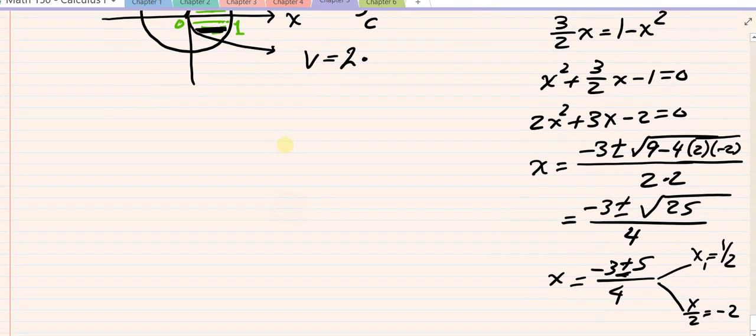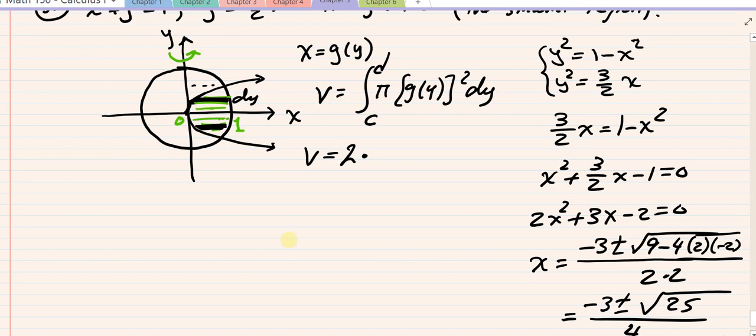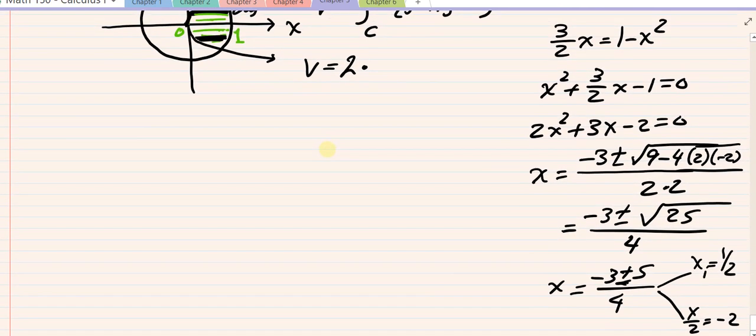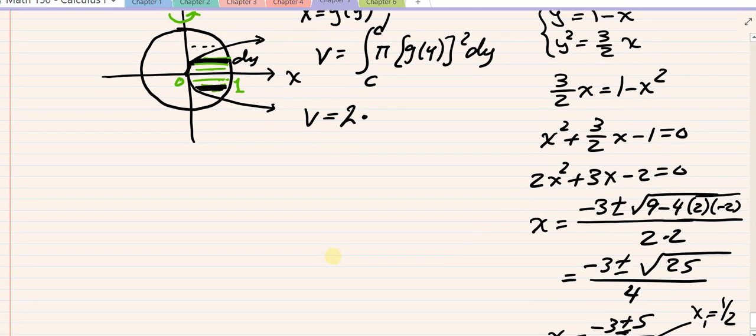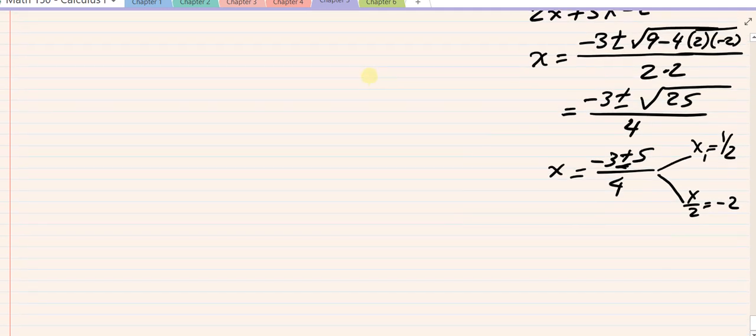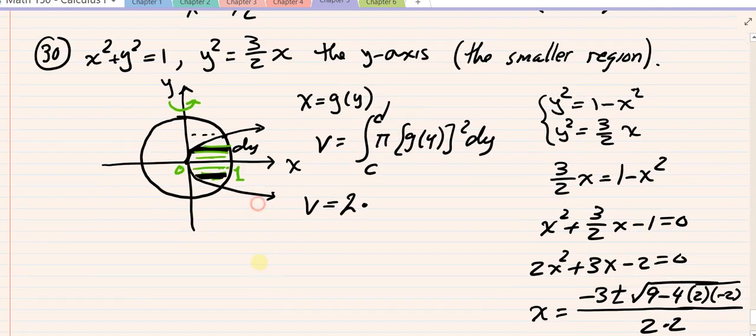Okay, now let's see, for this one, x equals 1/2 is the one that we actually use here, right? This one. This other one will not work. That's not x over 2, I meant x sub 2. Okay.